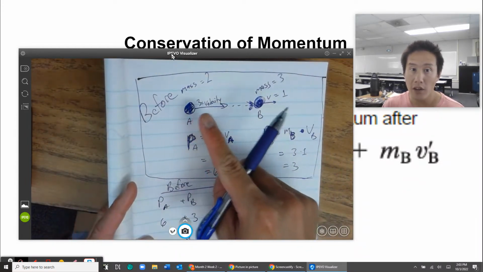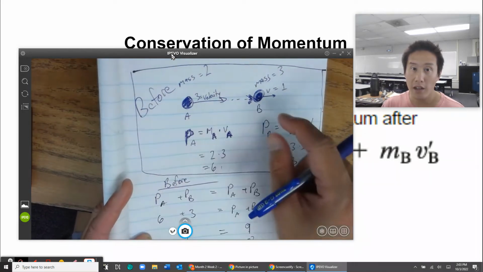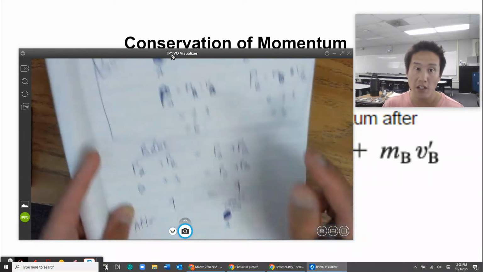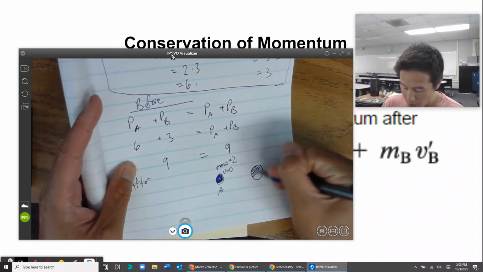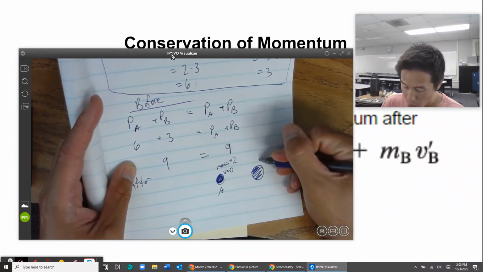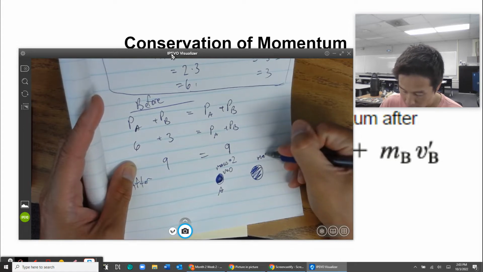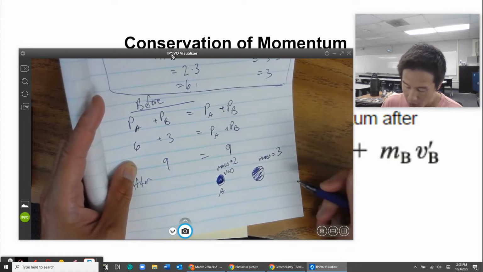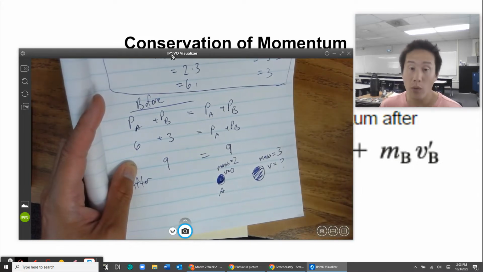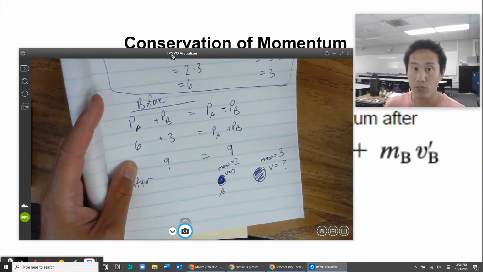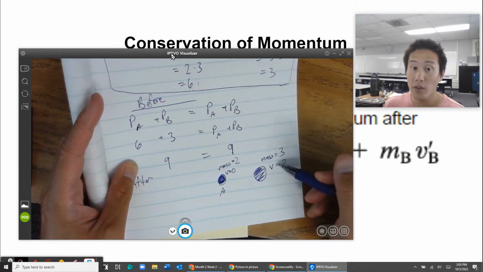After it hit B, B shot forward and A just didn't move at all. Okay, so let's look at B. B was a little bit bigger, but it's now moving super fast. Mass is 3, and let's say I don't know the new velocity.